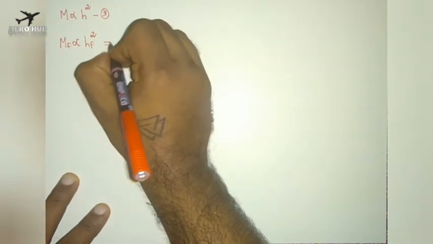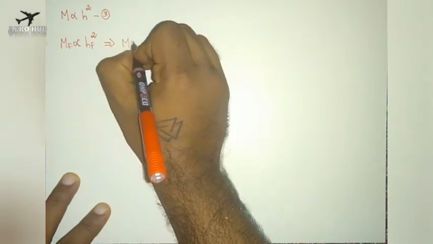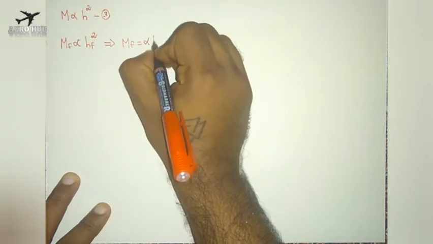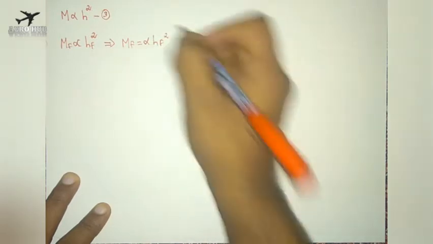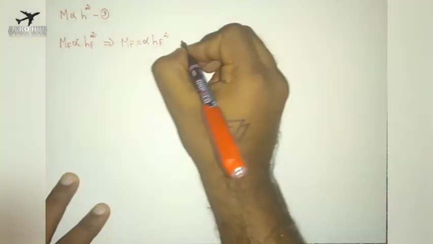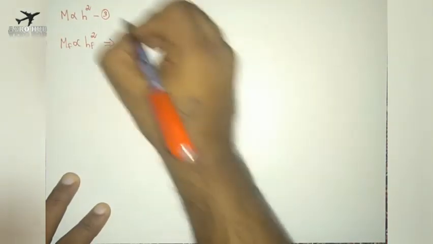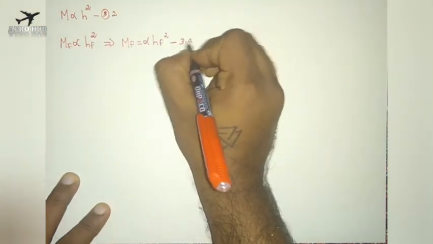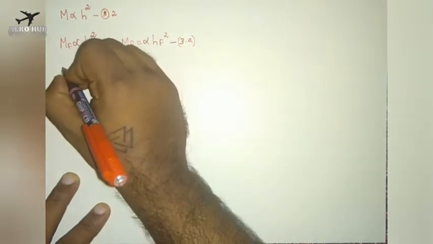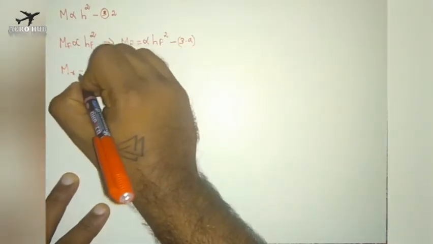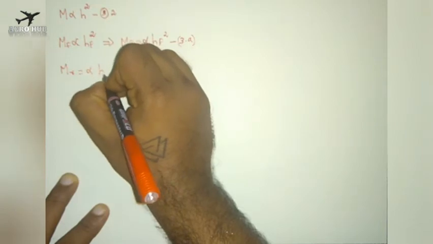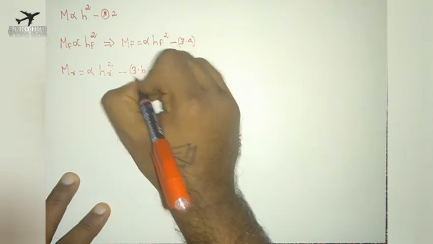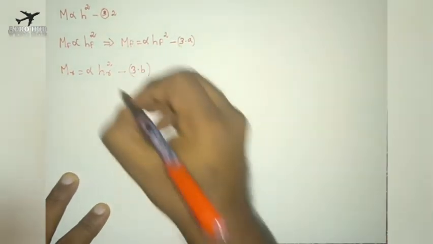So MF is equal to a constant alpha into HF square, equation number 3A. Similarly, the moment acting on the rear spar is equal to alpha into HR square, equation 3B.